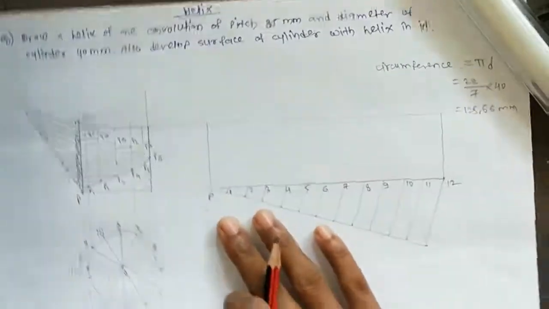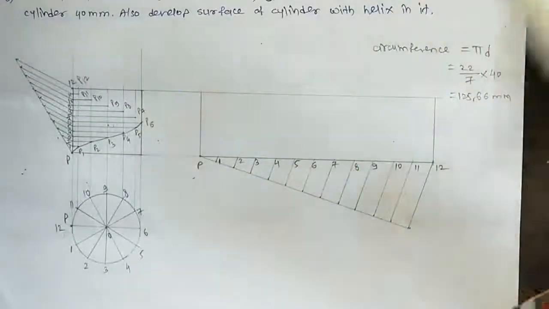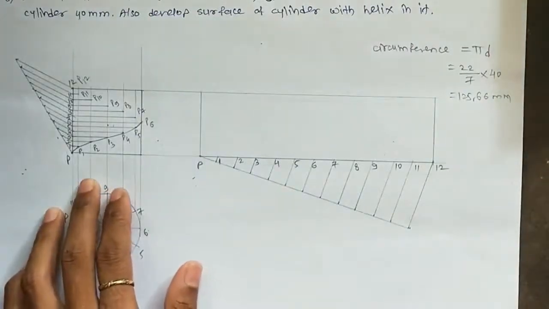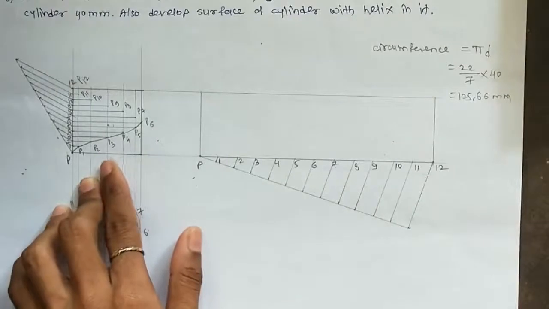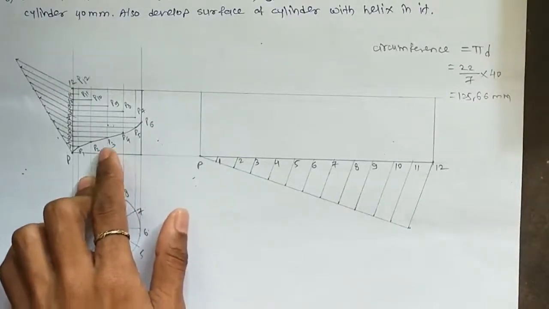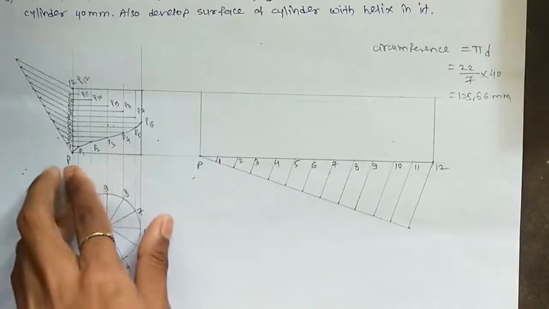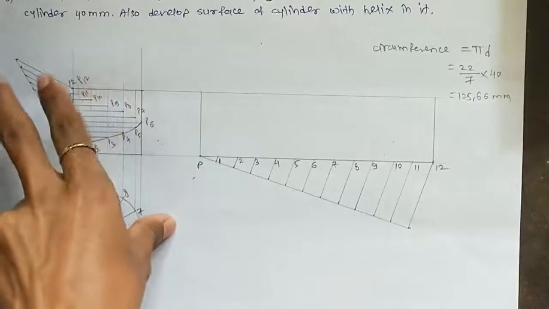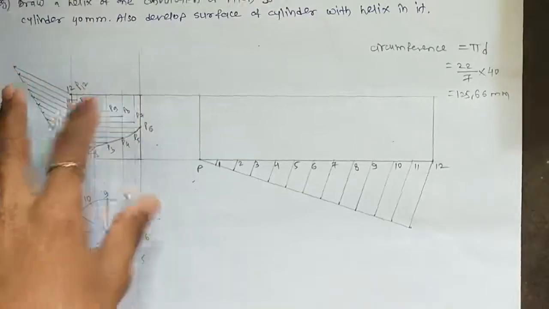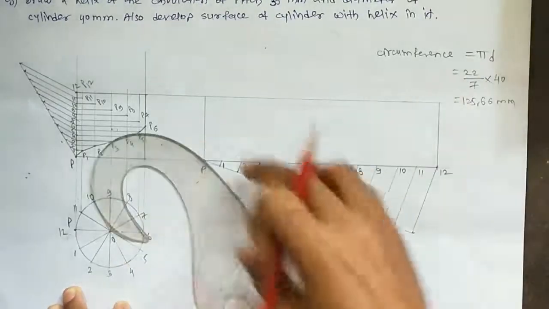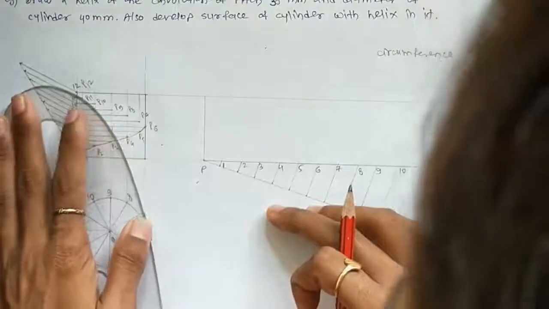Now this portion of the helix lying in the front part of the cylinder is drawn as a dark line. This portion lying in the back part of the cylinder will be dotted, so draw this portion as dotted.